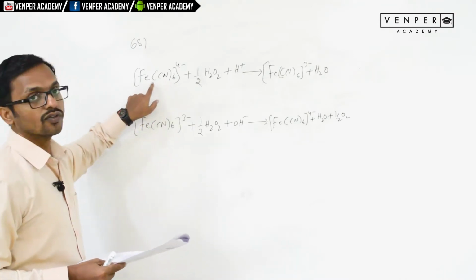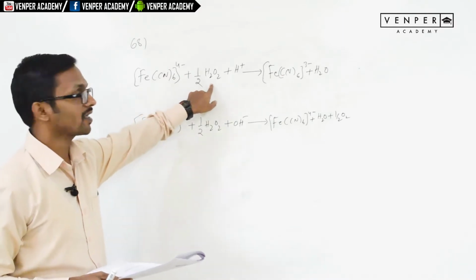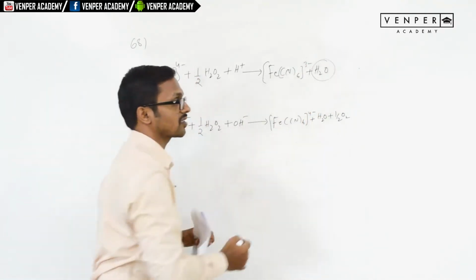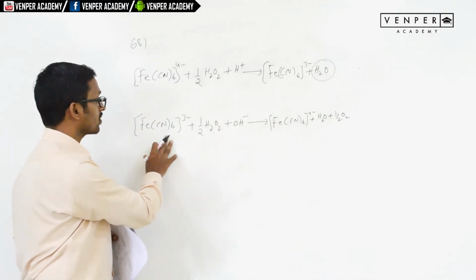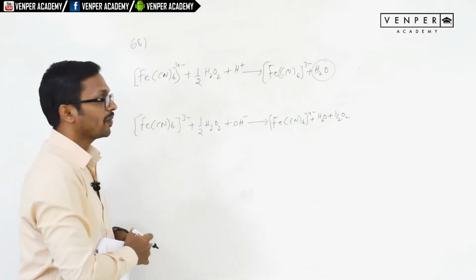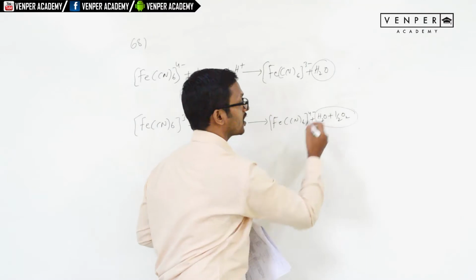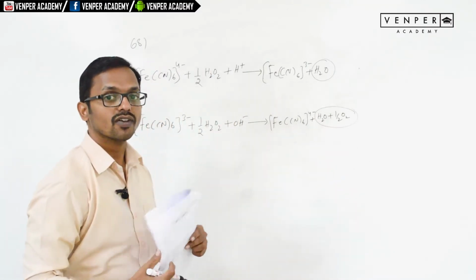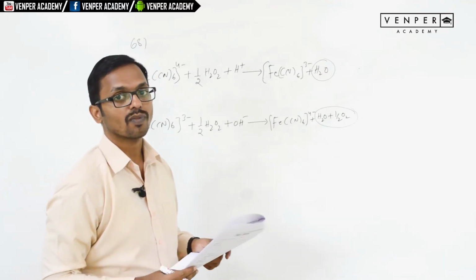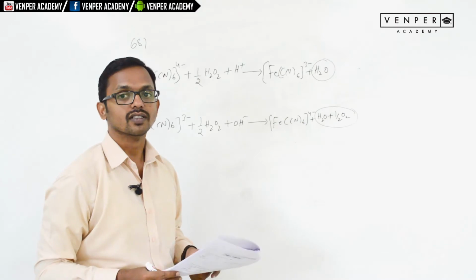Here hexacyanoferrate(II) is reacting with H2O2 in presence of H+ and giving water as a byproduct. And here hexacyanoferrate(III) is reacting with peroxide in basic medium and giving water and oxygen. So in the given 4 options, option 1 is correct, where H2O and H2O plus O2 are produced.